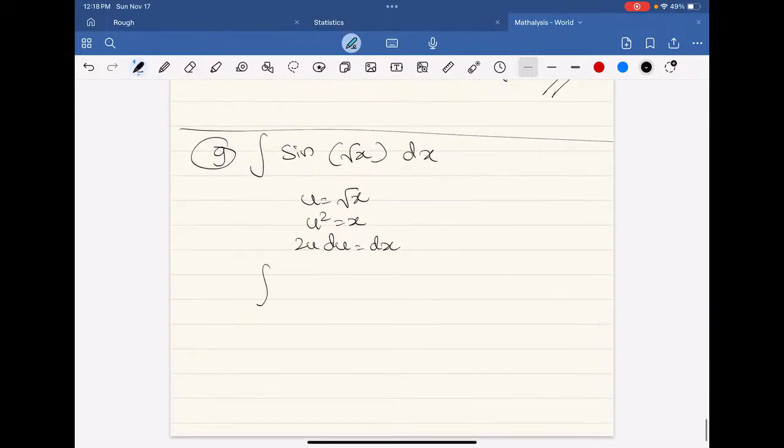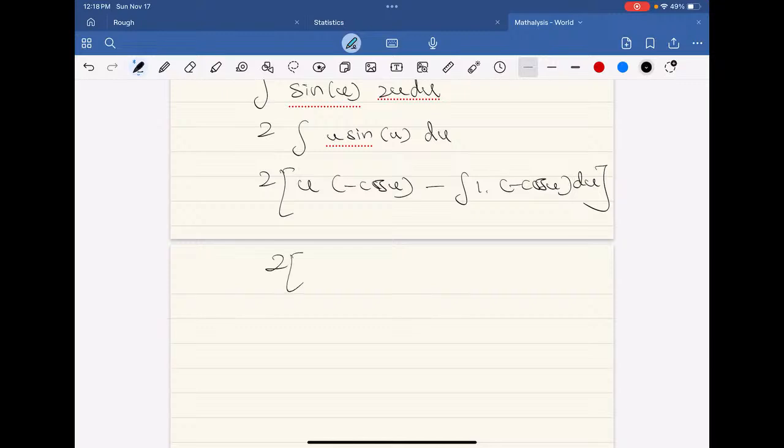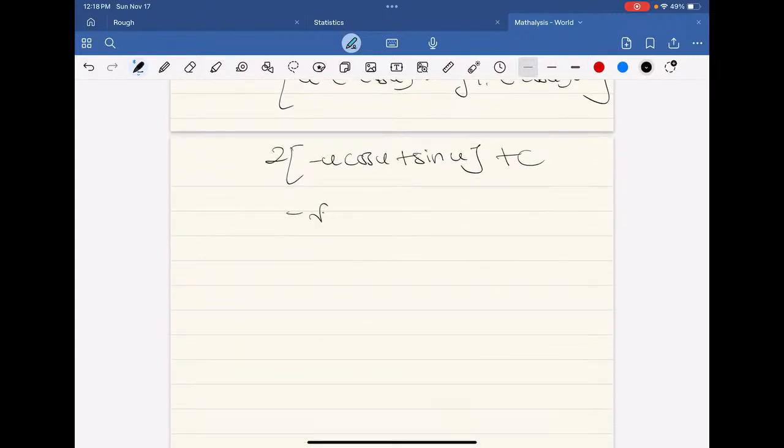Then this will be sine of u, and dx will be 2u du. So 2 comes out, u times sine of u du. Now if you integrate this, 2 times u times the integral of sine u, which is minus cos u, minus the integral of minus cos u du. So 2 times minus u cos u plus sine u plus c, and u is root x, so minus 2 root x cos root x plus 2 sine root x plus c is the answer.